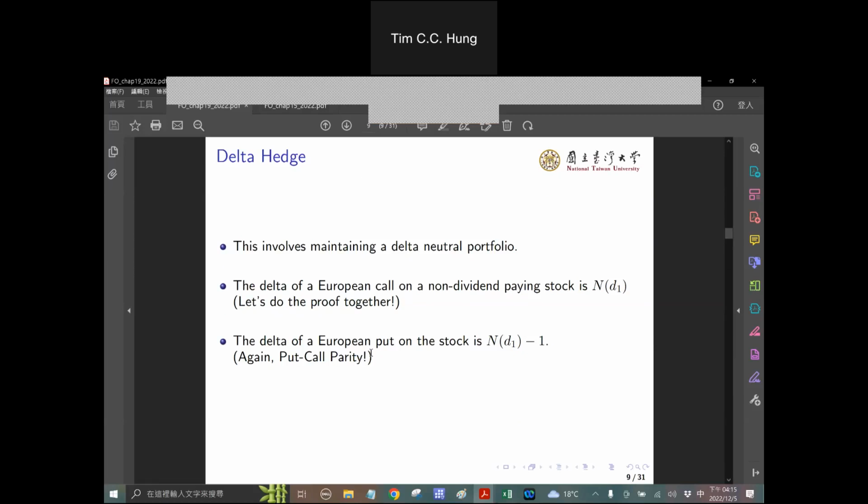What about the second term? There's K, r, and T, which we don't have to worry too much about, but d2 also has S0 within. So it's subtracted by K discounted, multiplied by partial N of d2 over partial S0.